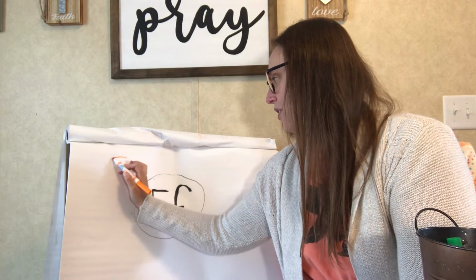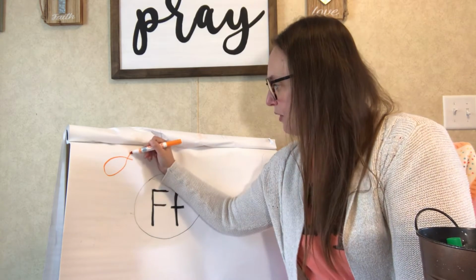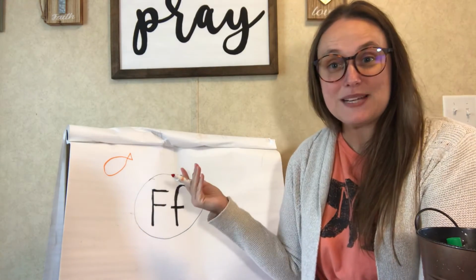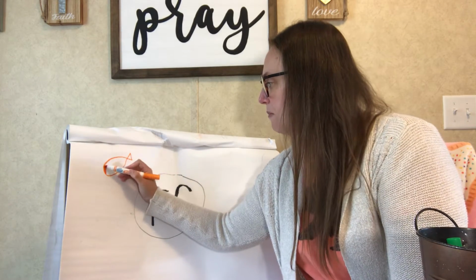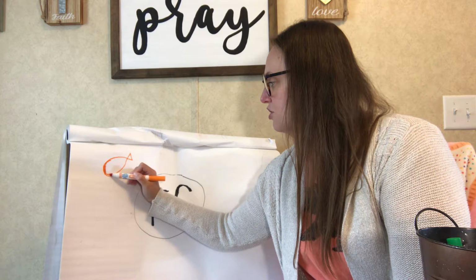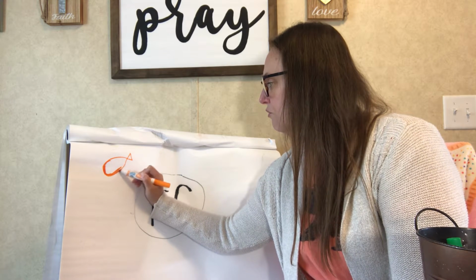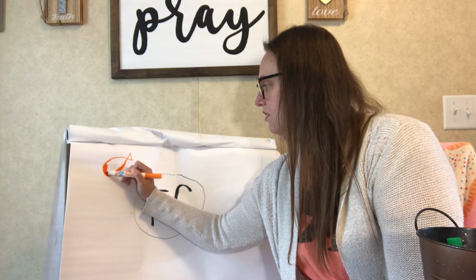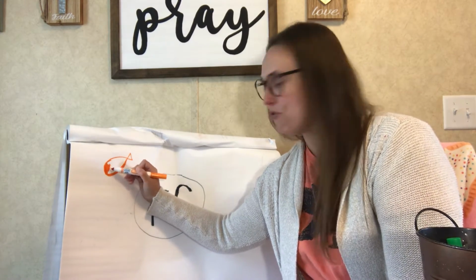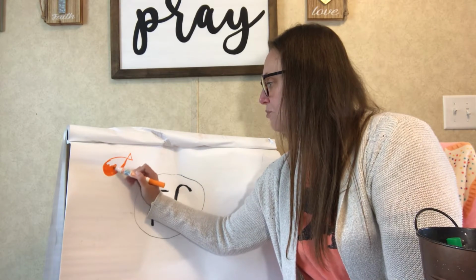Remember, you can do this at home on a piece of paper if you want. Remember, it's okay, just try your best to draw it. Fish. Fish begins with what sound? Good job. Alright, I'm going to color it in with my orange marker.